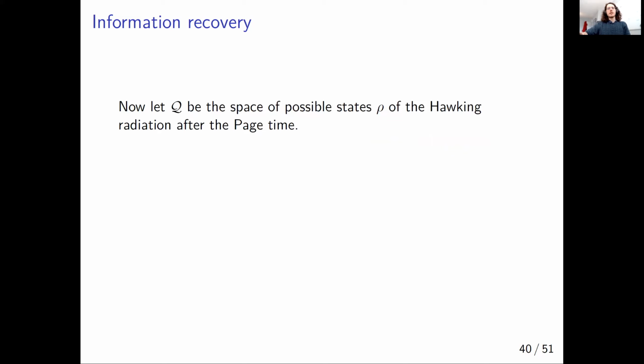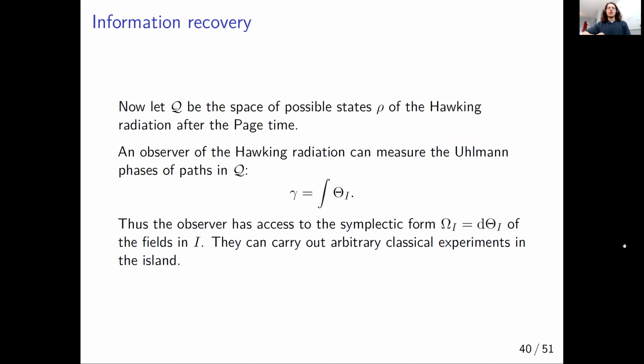But now let's see what happens if we consider Almond phase. So let Q be the space of possible states for the Hawking radiation after the page time. So once an island has formed. So a less naive observer is able to measure the Almond phases of paths in Q. And by our formula for this Almond phase, that observer therefore has access to all of the components of the symplectic form of the fields on the island.